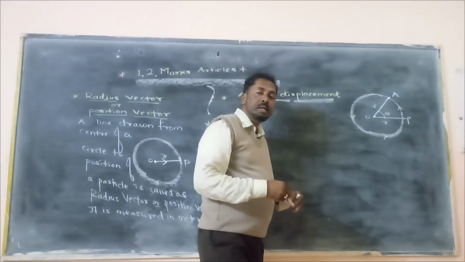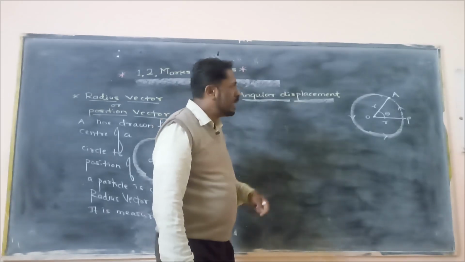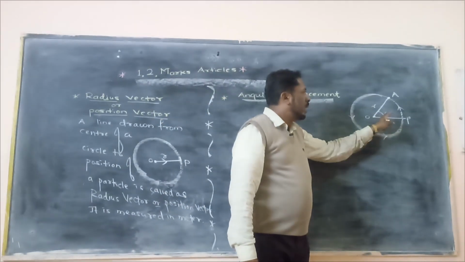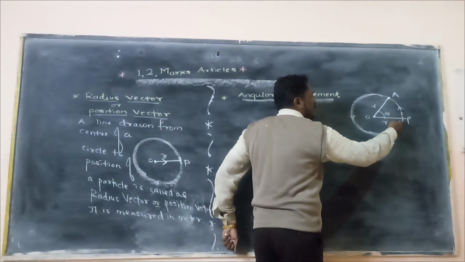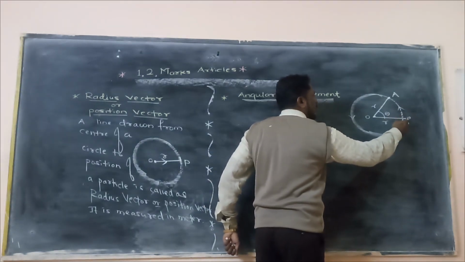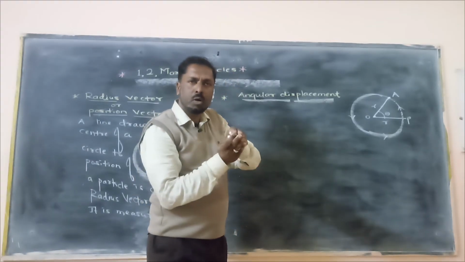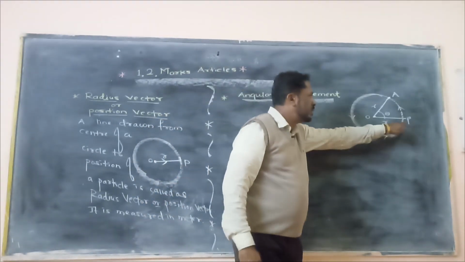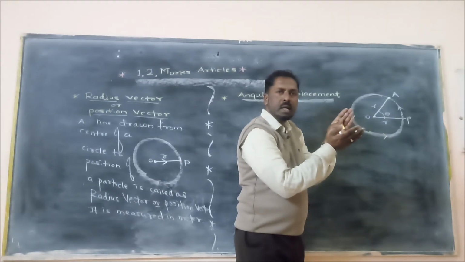You can say d theta, or delta theta. How does this angle theta take place? If point P moves from P to A, if it changes its position from P to A, then it makes a certain angle theta.